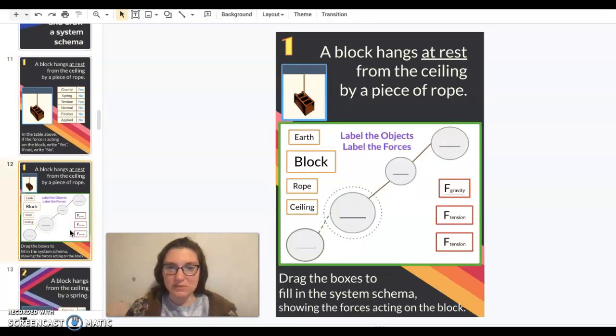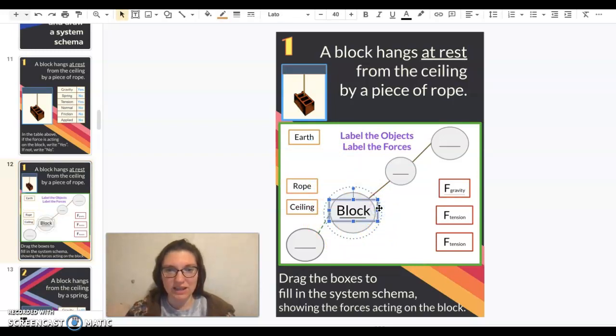So now let's look at a system schema. The object of my focus is going to be in a dotted line. So the block is the thing that is hanging at rest from the ceiling by a piece of rope. I see that there's a dotted line here between the block and something, and that means it's a non-contact force.